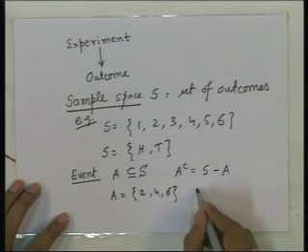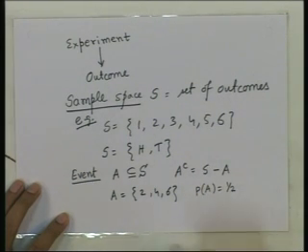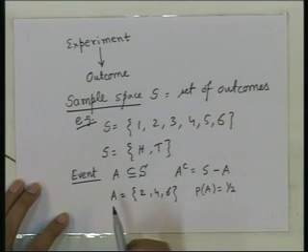This is half. Probability that we will observe A, that is the outcome of throwing the die will be an even number. So, that probability is in this case half.